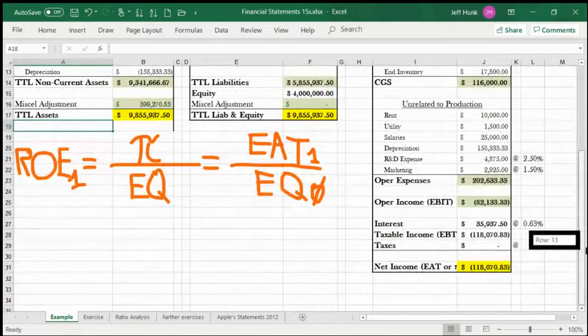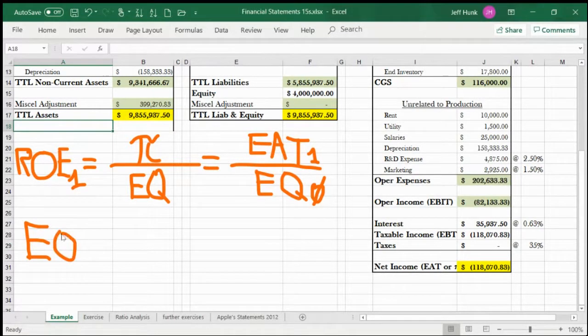And if you think about it, at least you can tell that the equity will have changed from time 0 to time 1. In other words, equity at time 1 will be greater than equity at time 0.